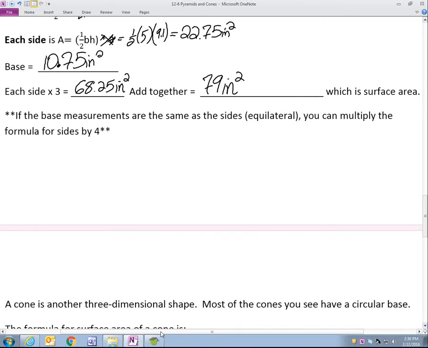If the base of the measurements are the same as the sides, equilateral, you can multiply the formula for the sides by 4. So that would be an equilateral triangle like this.